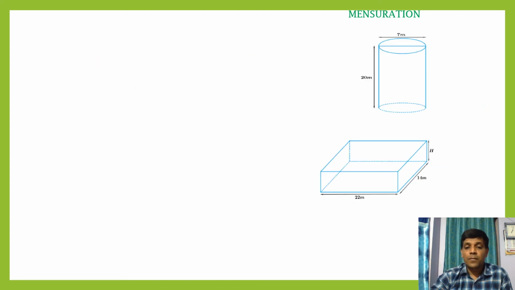Next step: pi r square h equals length into breadth into height.